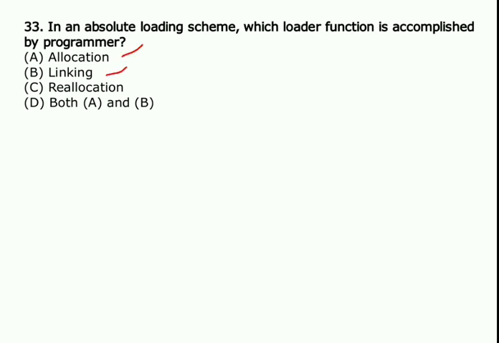The programmer will determine the memory locations where the program and data are to be loaded. Suppose he wants to load a program at memory location 1000. This will be done by the programmer in the absolute loading scheme.